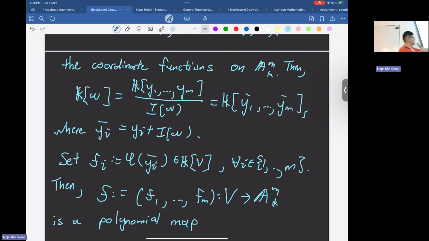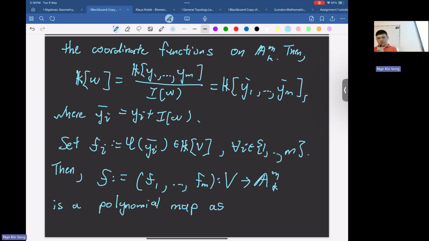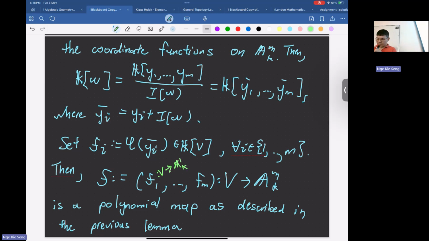Because we already wrote it with components that are polynomial functions, so this is a polynomial map as described in the previous lemma. Correct or not? Because each of them maps from V to A^1_K, so if you put m of them together, they map to A^m_K.